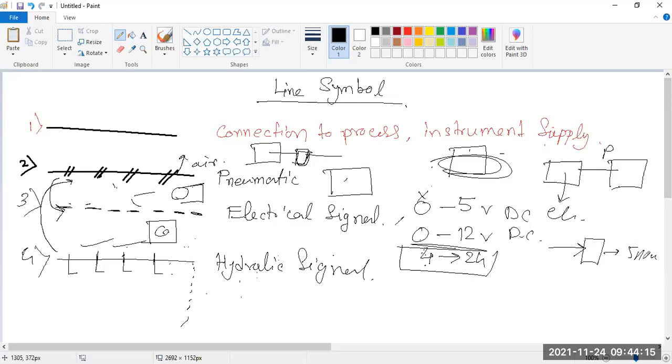It causes so many magnetic fields, a hazardous area, and lots of chances of shocking or human fatality. So only in the power section we use the pneumatic signal, but in your control section, say your control panel, we use only the electric signal. So what is the requirement?